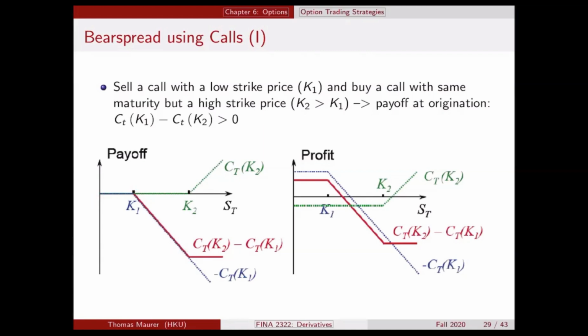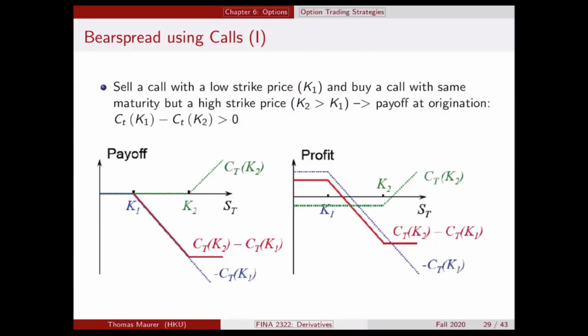And if you factor in the initial costs for these call options, then the amount of money which you get from short selling a call option with a low strike price is higher than the amount of money which you have to pay to buy a call option with a high strike price, and therefore you can shift upwards that red payoff diagram to get a profit which looks like this over here.